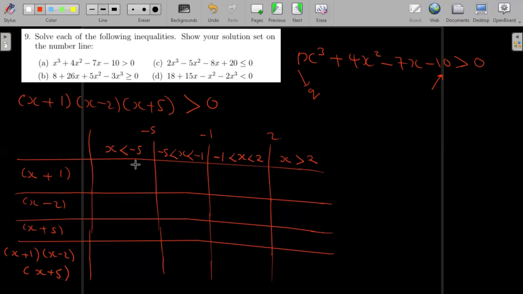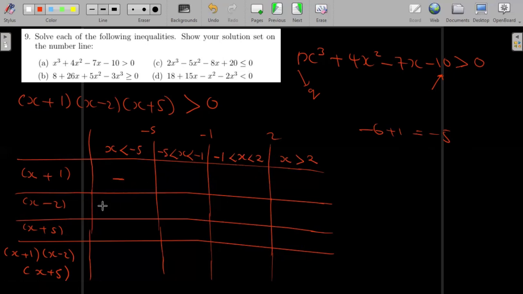So what you do now is start picking out values. In this first one, pick out values that are less than -5, so let's say -6. If I put -6 in this factor, I have -6 plus 1, which gives me -5. This has a negative sign, so everything I pick that is less than -5 will give negative.